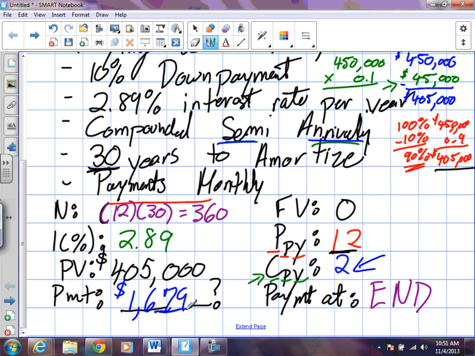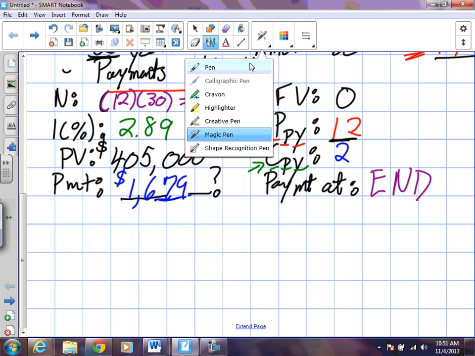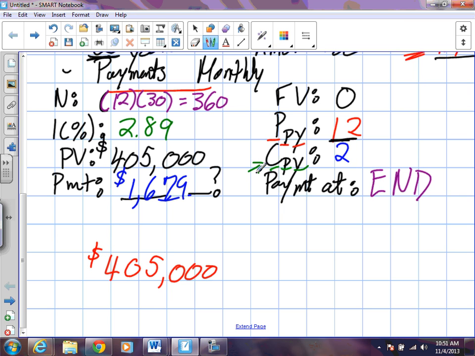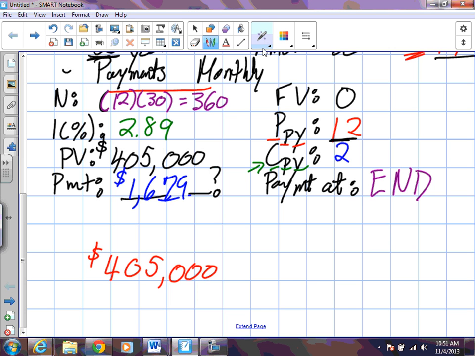So, let's talk about this mortgage. They loaned us $405,000. How much do I pay them? First of all, how many payments do I make to them over the life of this mortgage? 360. And how much is each of my payments for? $1,679.